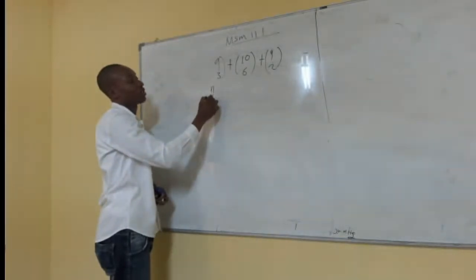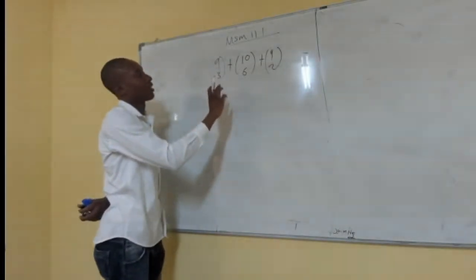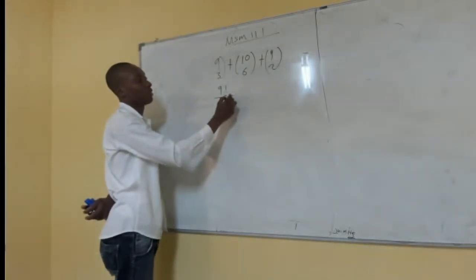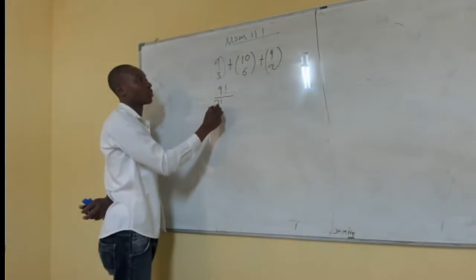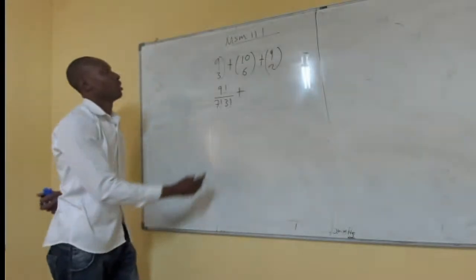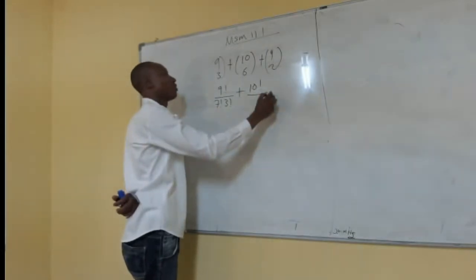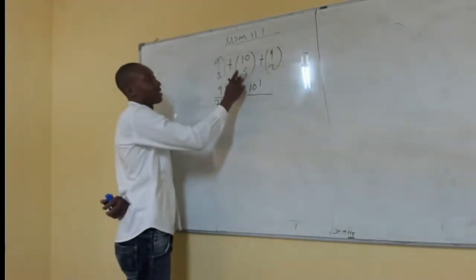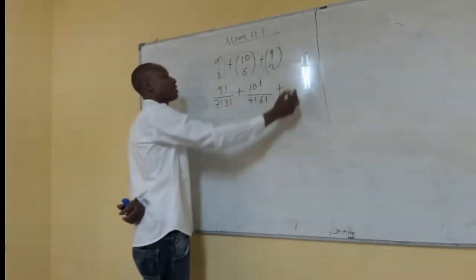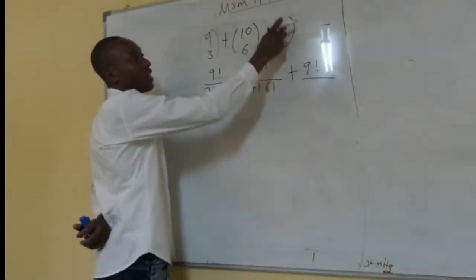We said n choose r is n factorial over n minus r factorial, so 9 choose 3 would be 9 factorial over 9 minus 3 which is 7 factorial, 3 factorial, plus 10 choose 6 is 10 factorial over 10 minus 6 which is 4 factorial, 6 factorial, plus 9 choose 2, that is 9 factorial over 9 minus 2.